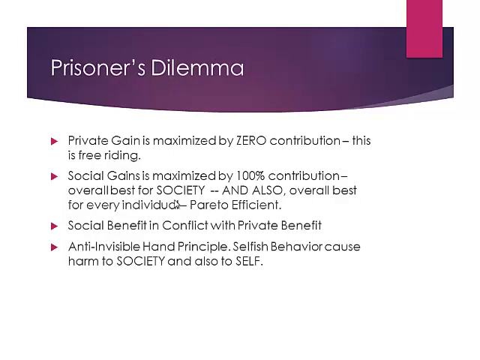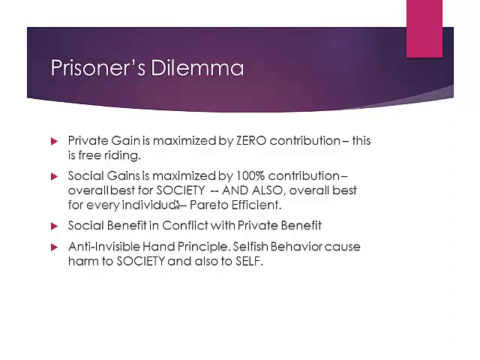So the prisoner's dilemma is that the private gain is maximized by giving 0 contribution, and this is regardless of what other people contribute. If everybody contributes everything, you still make the maximum by not contributing anything, and if everybody contributes nothing, you still get the maximum. This is called the dominant strategy. The dominant strategy for every person is to contribute 0.